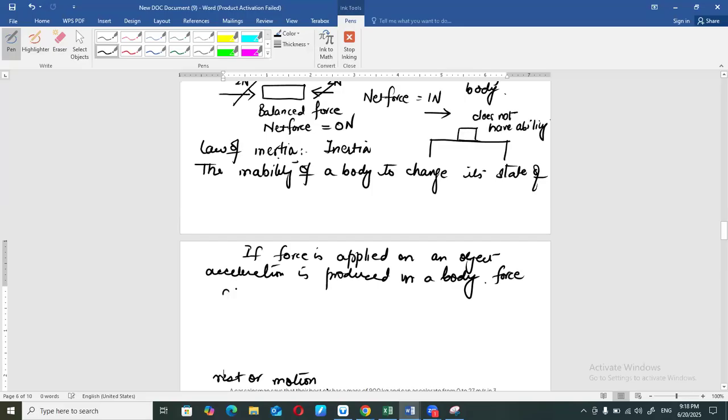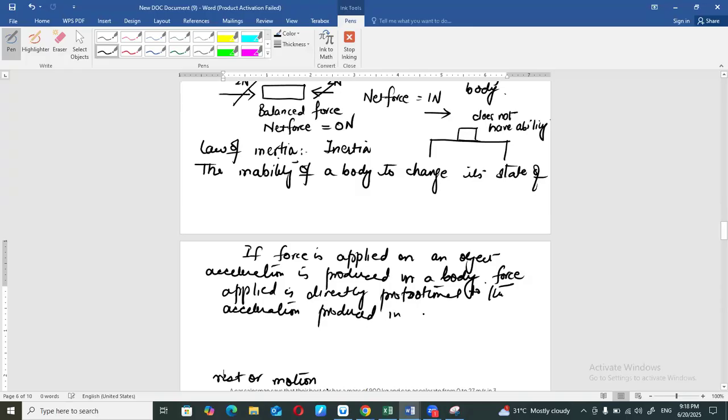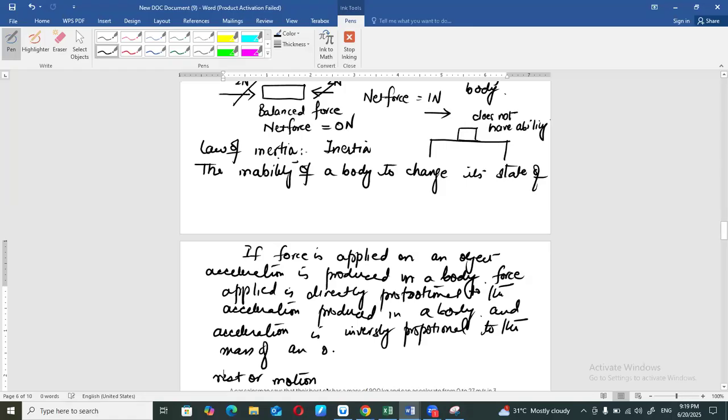Force applied is directly proportional to the acceleration produced in a body, and acceleration is inversely proportional to the mass of an object. That is what the law is all about, right?